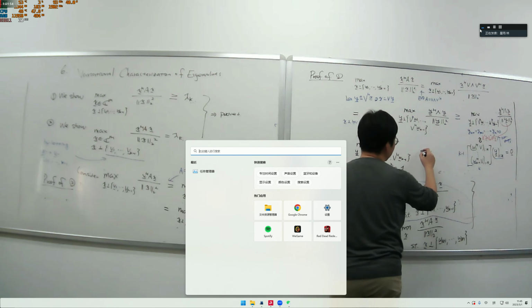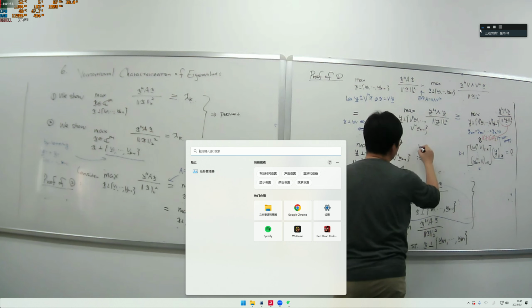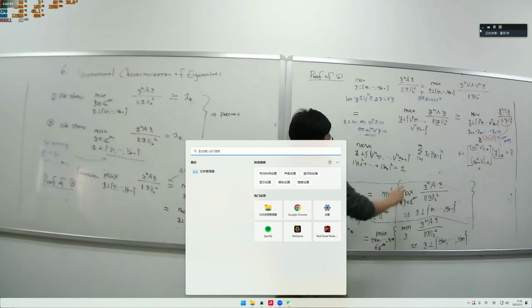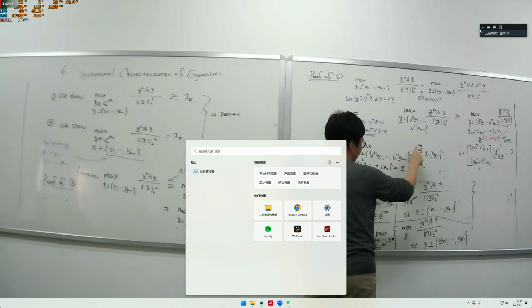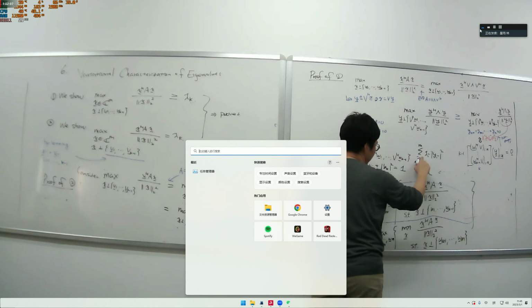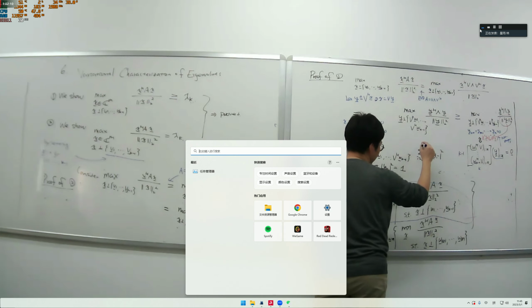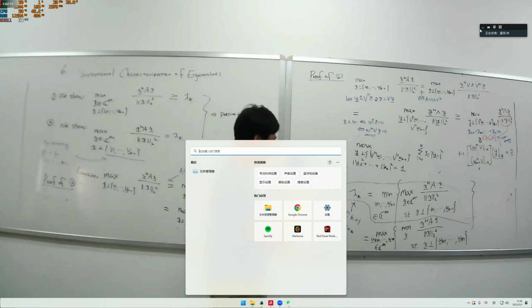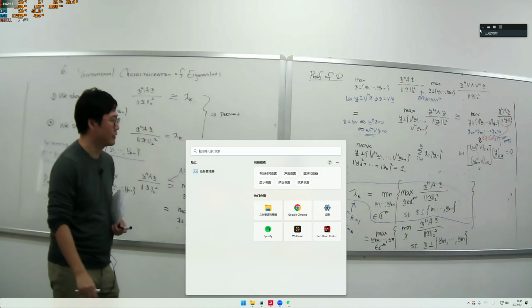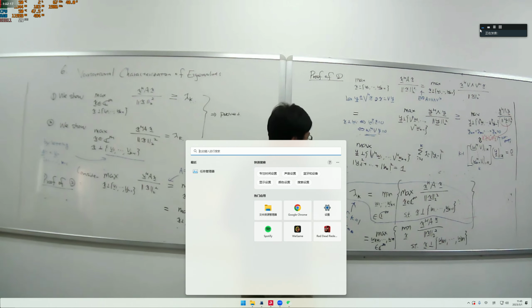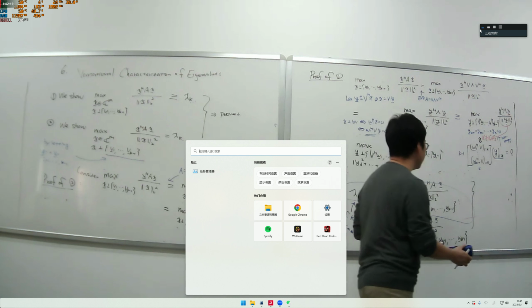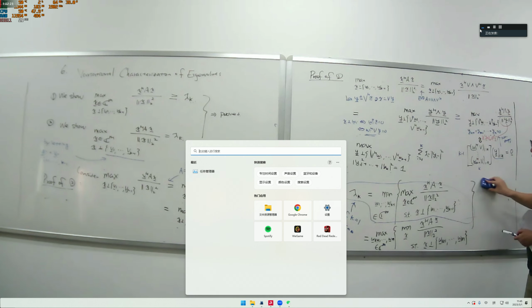And now the objective function, because the last n minus k entries are 0, is over indices 1 to k.